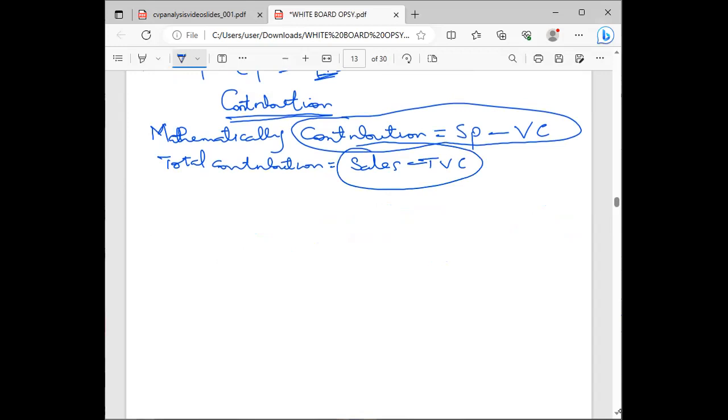Before I now proceed, after this contribution, there's something we call CMR. Because of other subtopics we'll meet along the way, I will not do without discussing this. CMR stands for contribution margin ratio.